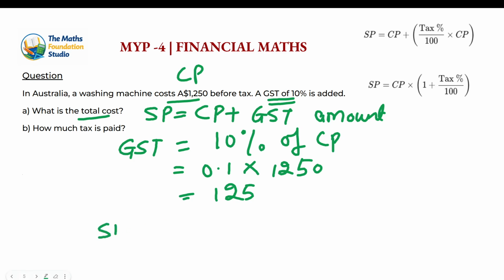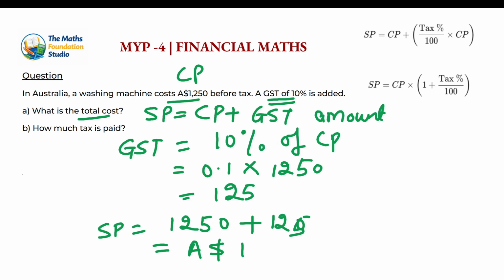Let's try to find the selling price. The selling price would be 1250 plus 125, that comes out to be Australian dollars 1375. Hence, this is the answer.